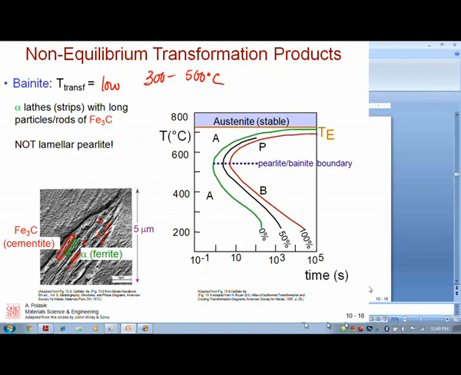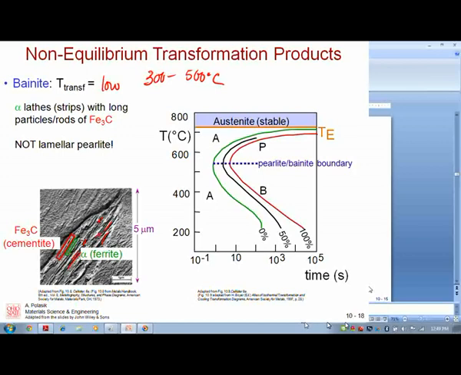So now we've changed the distribution of this hard phase within our material so that we have lots of tiny pieces close together. What do you think that does to the strength? Okay. Why? What is that analogous to that we learned about?